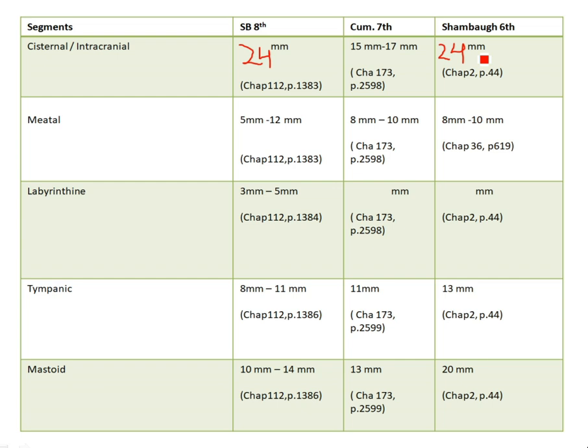However, Shambaugh measures this length from the pons to the internal acoustic meatus. Cummings and Shambaugh mention the cisternal segment from the cerebellopontine cistern, CP cistern, to the porus of the internal acoustic meatus. It is 24 millimeters in Scott Brown 8th edition, and 15 to 17 millimeters as explained in Cummings 7th edition.